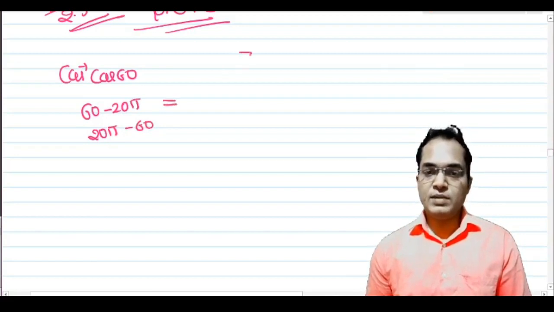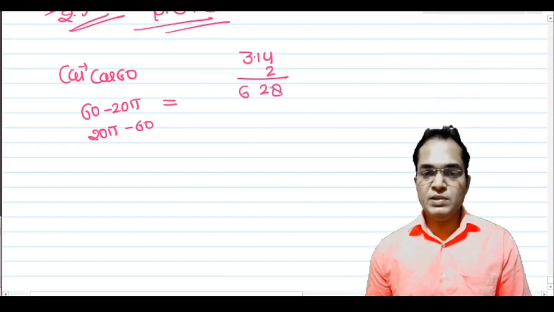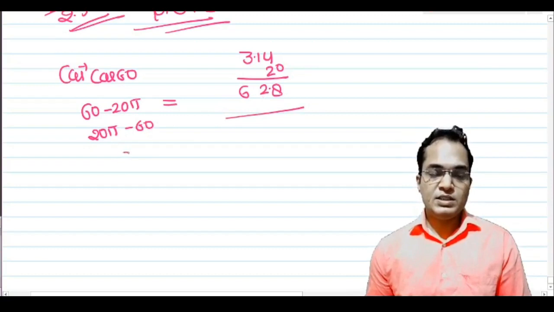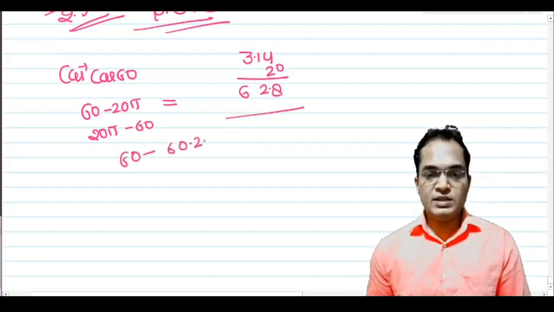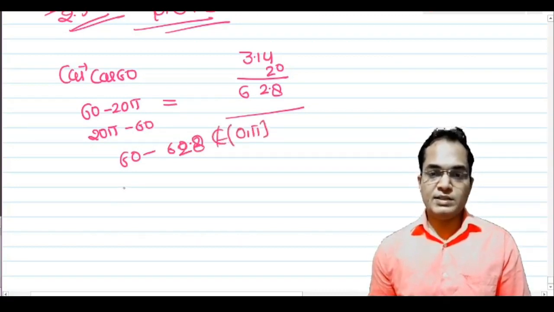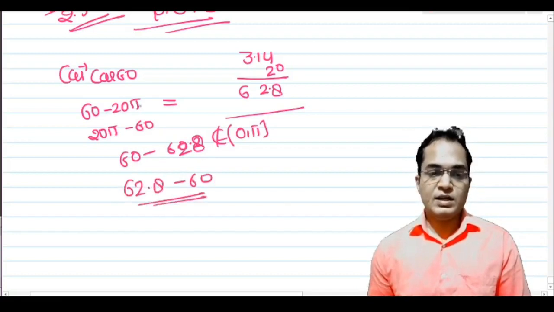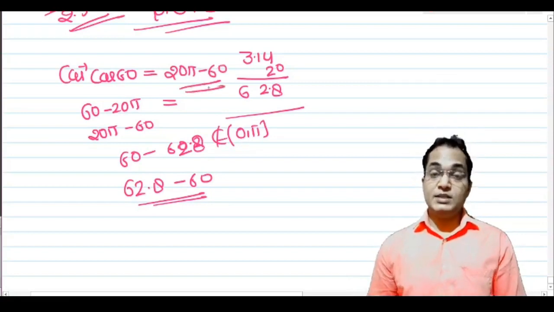What is pi? 3.14 into 20, or you can say into 2, it is 6.28, multiplied by 10 gives 62.8. So 60 minus 62.8 does not lie between 0 and pi, because it is a negative number. That's why our answer will be 62.8 minus 60, which gives the answer 20 pi minus 60. I think it is so obvious.